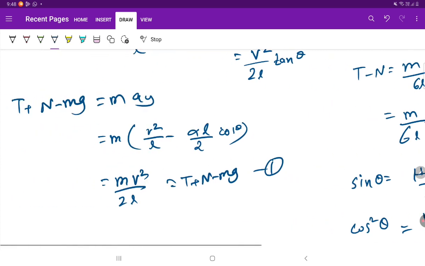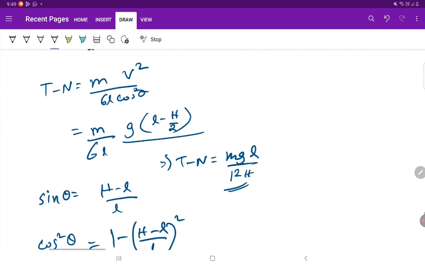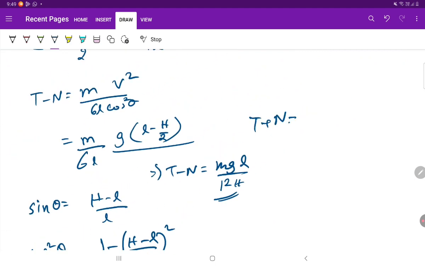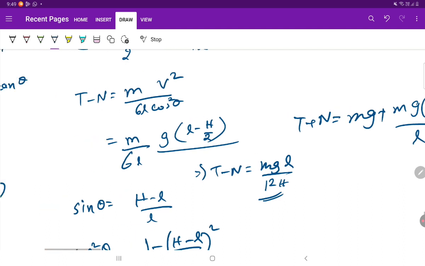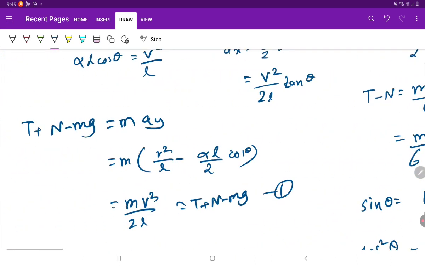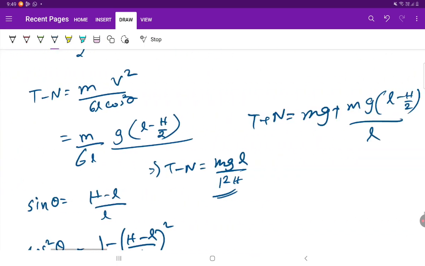Similarly, T plus N equals mg plus m v square by L, m into g L minus h by 2 upon L. And I guess I'm missing some factor. Yeah, it will have another 2 here.